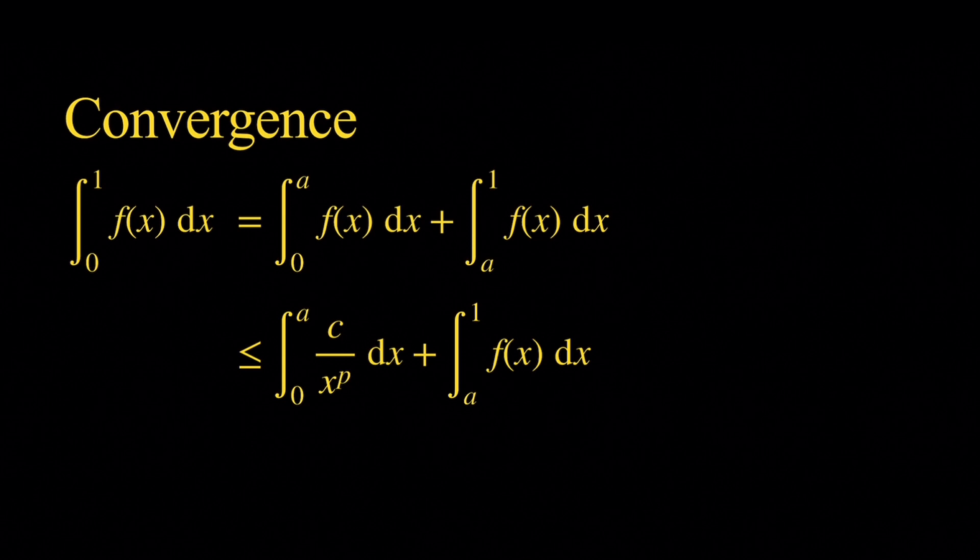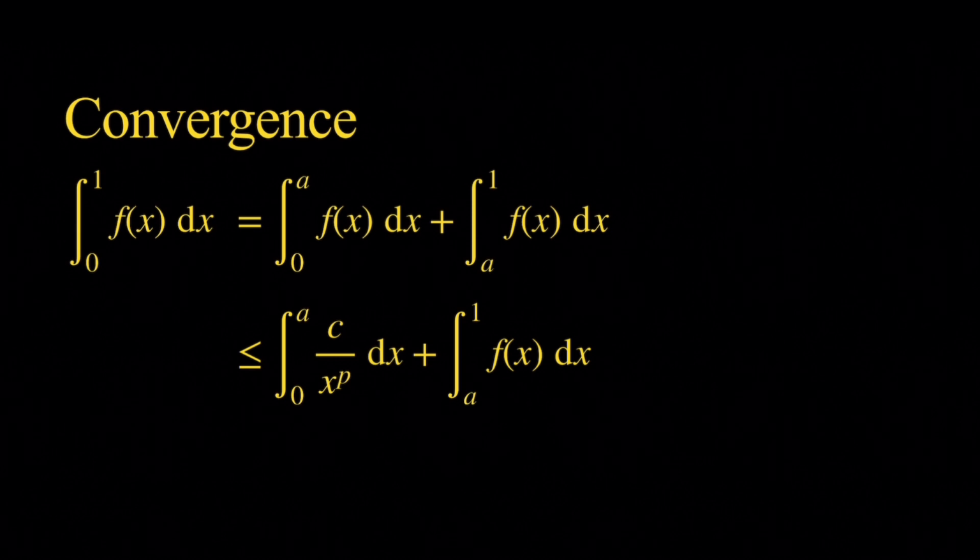Now, if we look at the first integral, because p is between 0 and 1, we know that the first integral converges. And the second integral converges as well, because f is continuous from a to 1. So this shows that the integral from 0 to 1 of f of x dx converges.